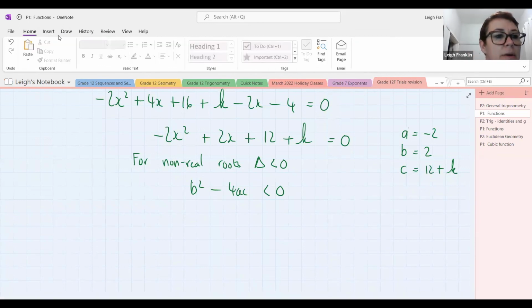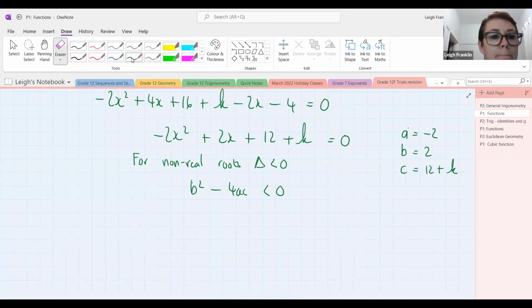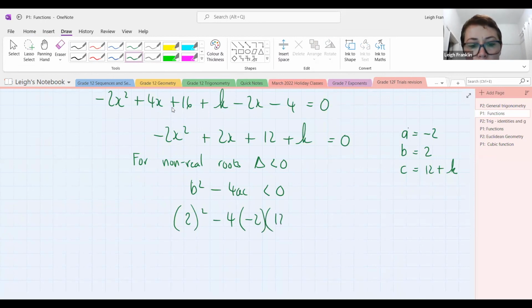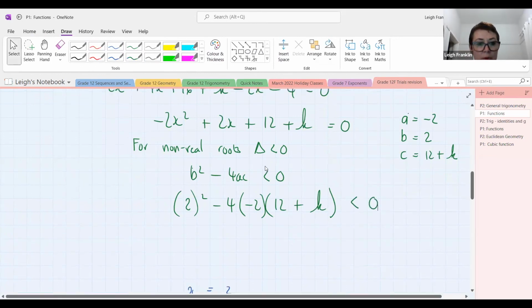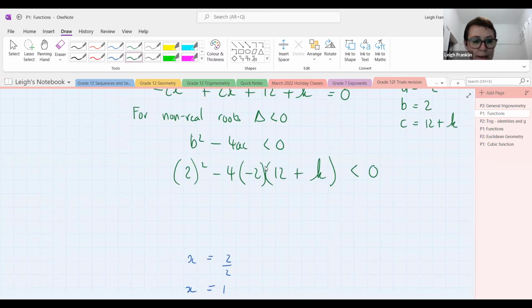Now subbing into delta, we've got b squared, so that's 2 squared, minus 4, a is equal to negative 2, c is equal to 12 plus k, has to be smaller than 0. Got to get rid of our brackets now, because remember they want us to solve for k.